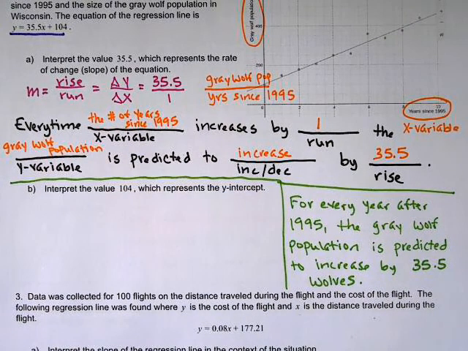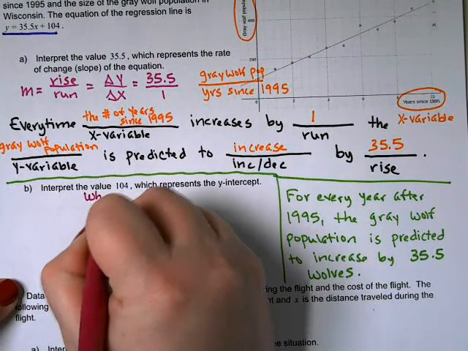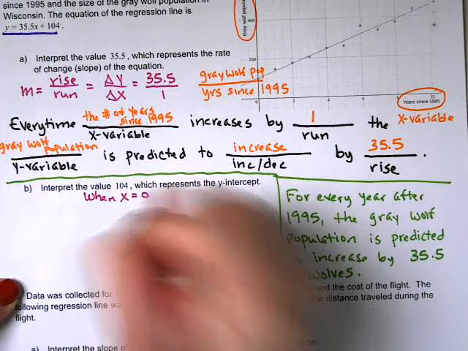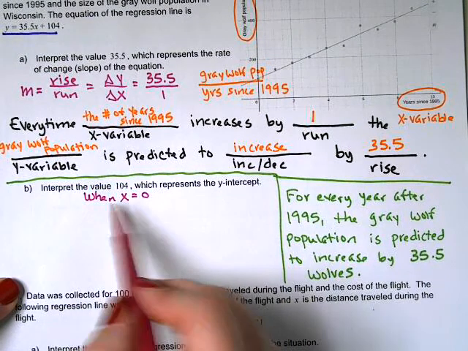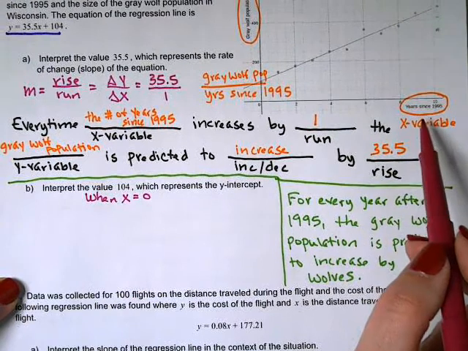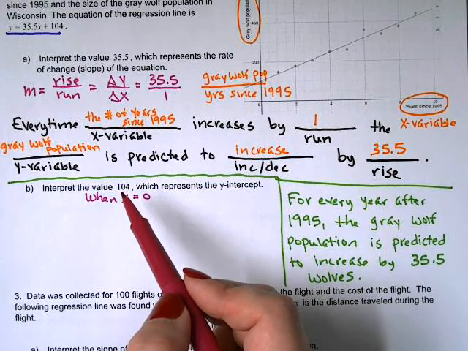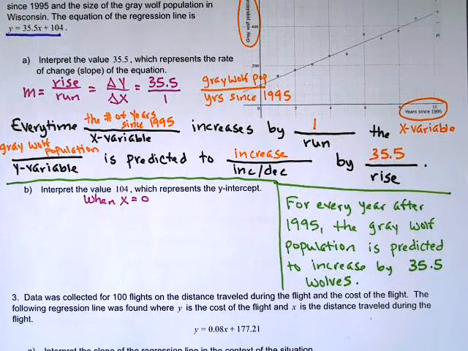So we know that for a y-intercept, it's when x equals 0. So pretty much what we're saying is when x is 0, so the years since 1995 is 0, the gray wolf population is 104. So we could go back to our fill in the blank that we did on the other page, right?